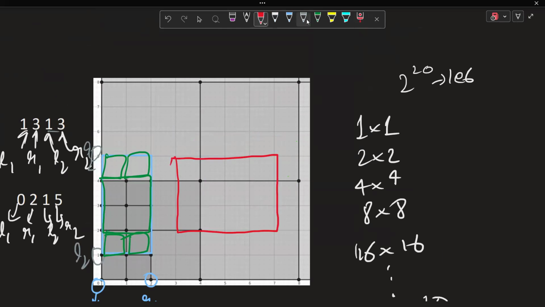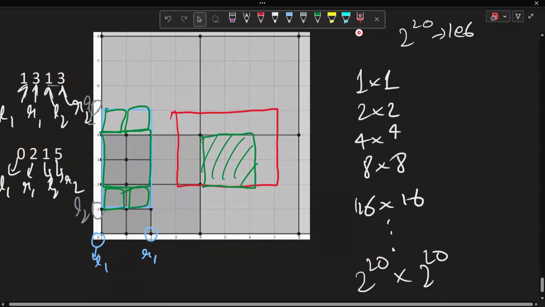Whatever maximum size you could do here was this 2 cross 2. So remove them. Then for the remaining part, recursively call this function again for another rectangle, where you have to do it with some smaller squares. All the 2 cross 2 squares that you can do would always be in consecutive rows.